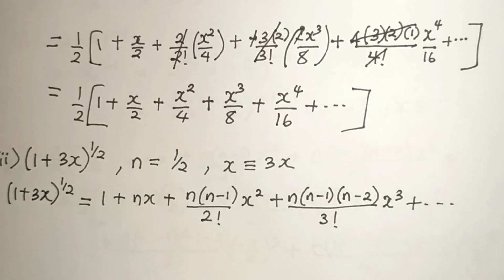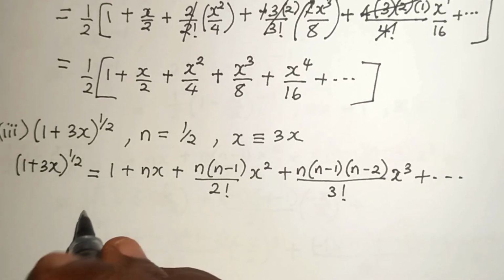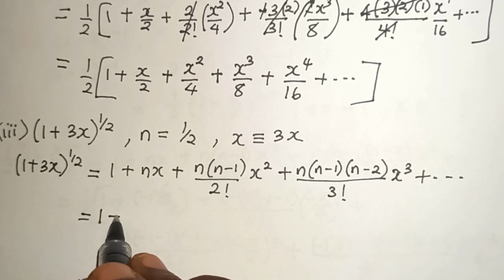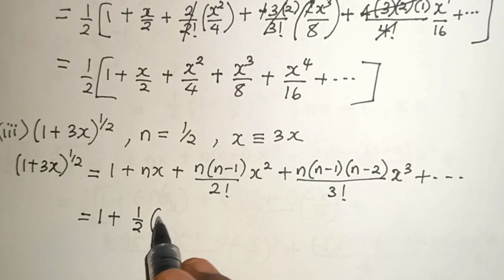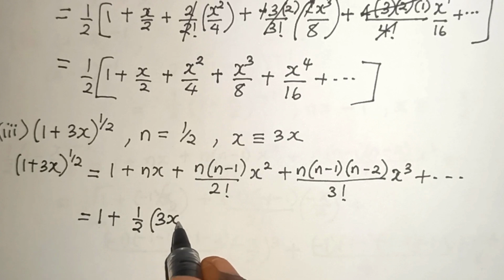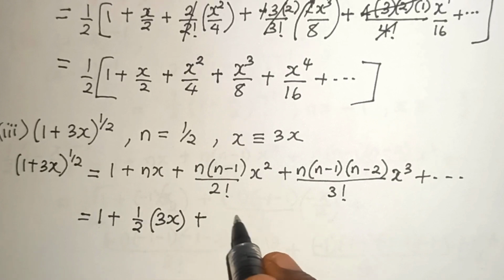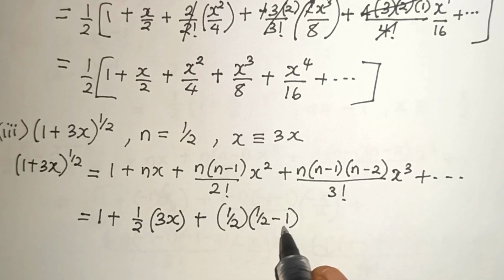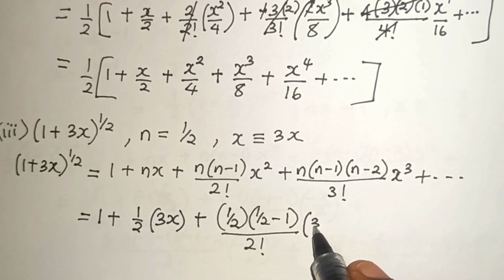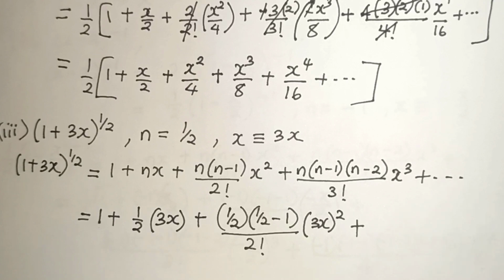So if we substitute the values, we will have 1 plus n is half. So here we have half times x is equivalent to 3x. So we'll have 3x here plus half into half minus 1 divided by 2 factorial times 3x squared, plus the next term is the third one.